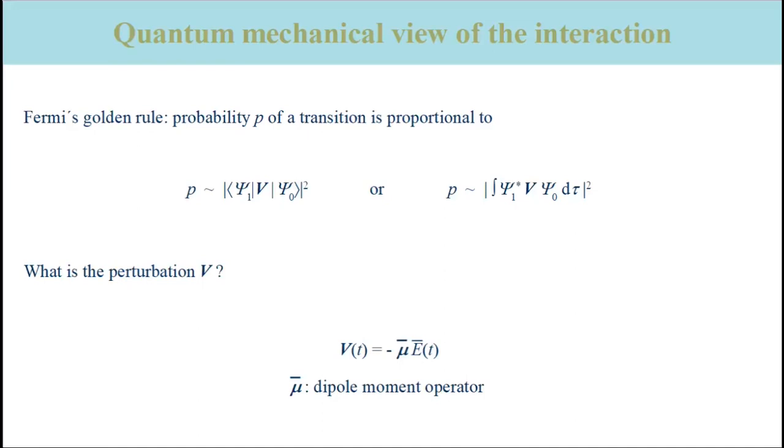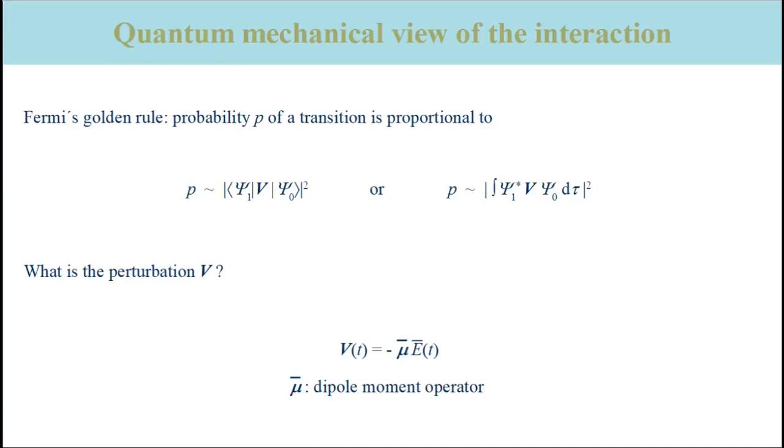As we have already seen, the electric field of the electromagnetic wave interacts with the partial charges of the molecule. To simplify things, we describe the distribution of partial charges simply by the dipole moment of the molecule. Then the interaction is between the electric field and the dipole moment.